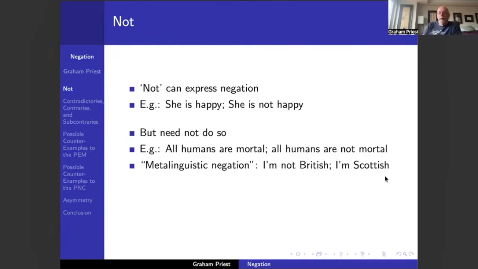Here's another. There's a notion of a use of not, which linguists call, slightly oddly from a logician's perspective, metalinguistic negation. And in metalinguistic negation, the word not is used not to negate, but to cancel what you might call a conversational implicature.